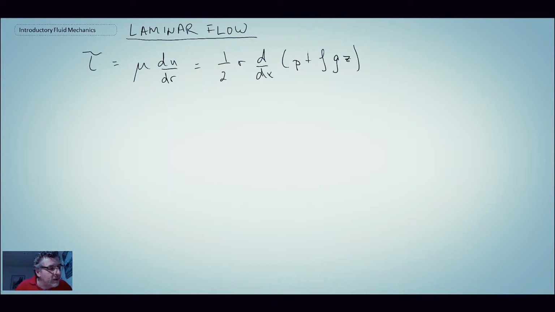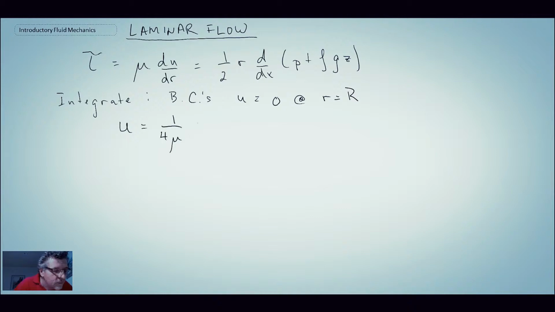Now what we're going to do, we're going to integrate that equation. And we have a boundary condition that the velocity is going to be 0 on the outer wall. And from that, we come up with an expression for the velocity profile. So we get that, and now applying our boundary condition, we can rewrite that.